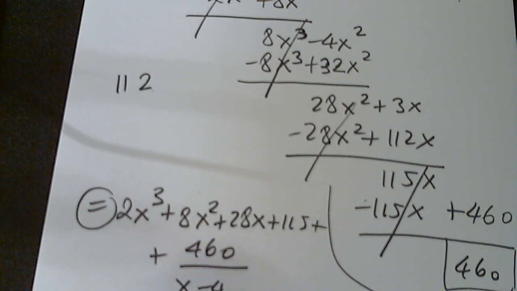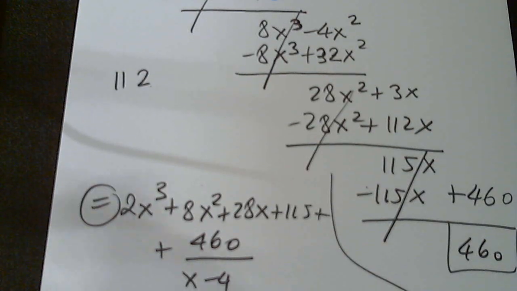What I am going to do to check is something much simpler than you would expect. I'm going to put in the graphing calculator in y equals the original polynomial, 2x to the fourth. Oh no, that's not what I meant.